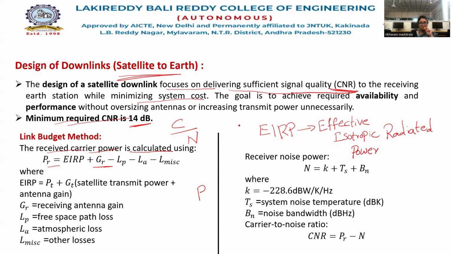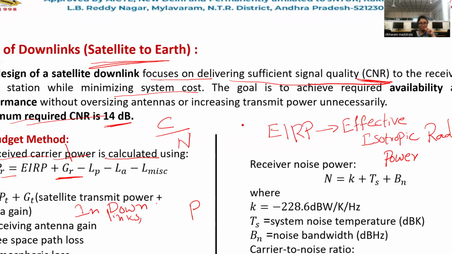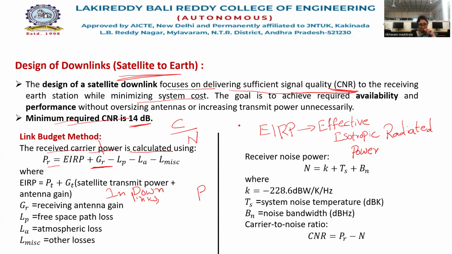And here GR is the gain of the receiving antenna. Here we have to remember carefully that in downlinks, the transmitting antenna is the antenna which is located at the satellite.